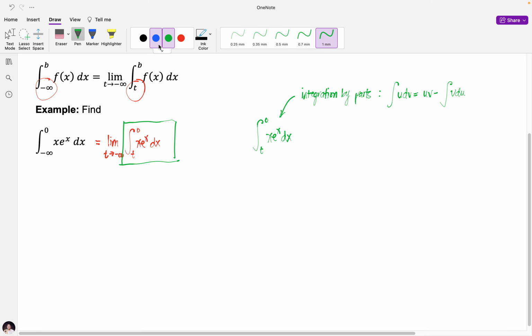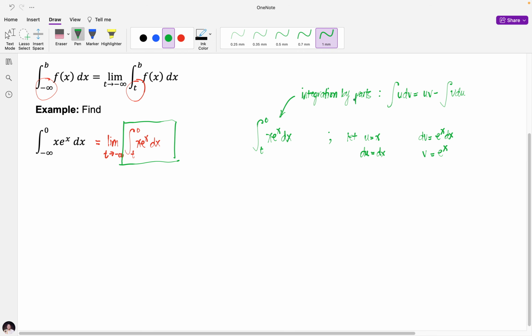So here, I will let u be equal to x. So that means that du is equal to dx, and dv is equal to e raised to x dx. Therefore, v is equal to e raised to x.